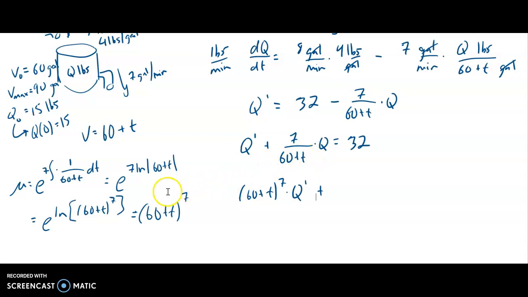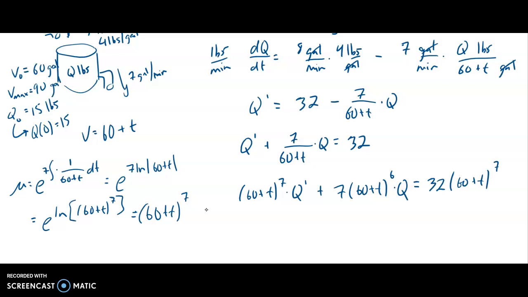My exponents are going to cancel and leave me with 6 of them being multiplied in the top, because the 1 in the bottom will cancel with one of those from the 7. So what I end up getting is 7 (60 plus t) to the 6th times q is equal to, don't forget to also multiply it on the right-hand side, 32 (60 plus t) to the 7th.